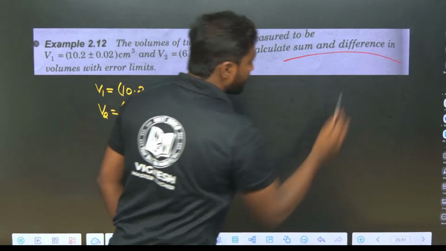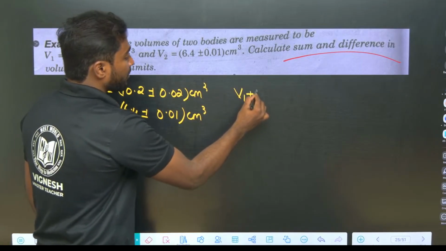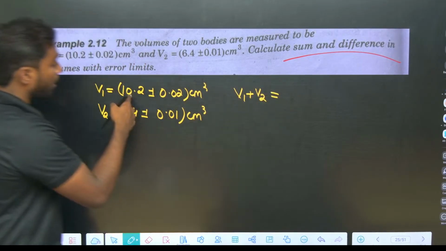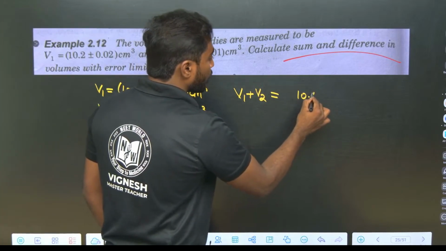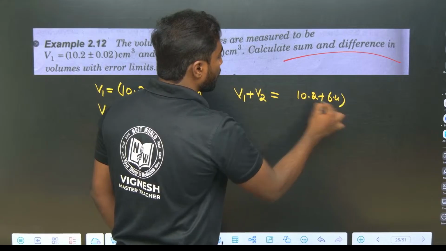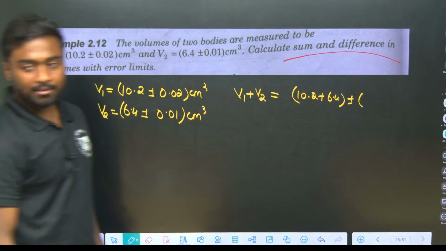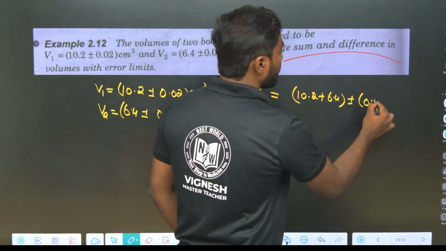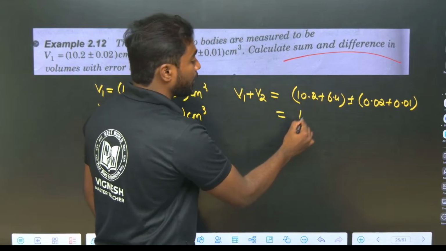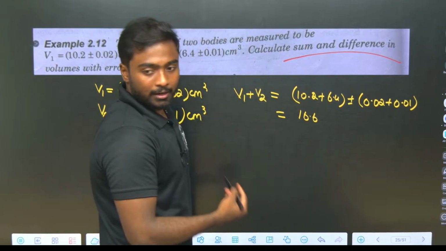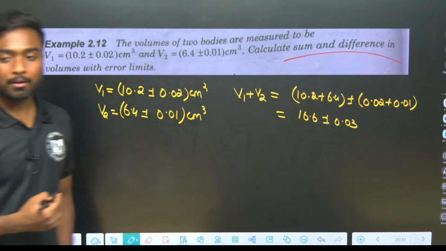Calculate the sum and difference, they are asking. Sum in the sense V1 plus V2, which is nothing but 10.2 plus 6.4, plus or minus 0.02 plus 0.01. How much is it? 16.6, plus or minus 0.03. This is for the addition.